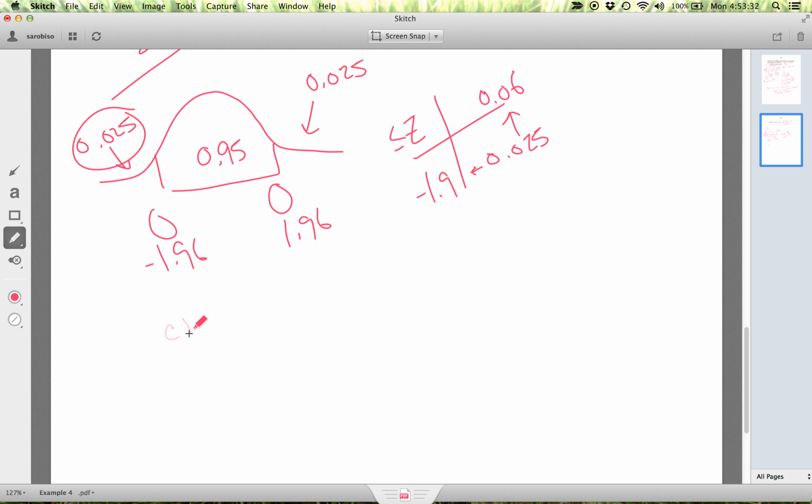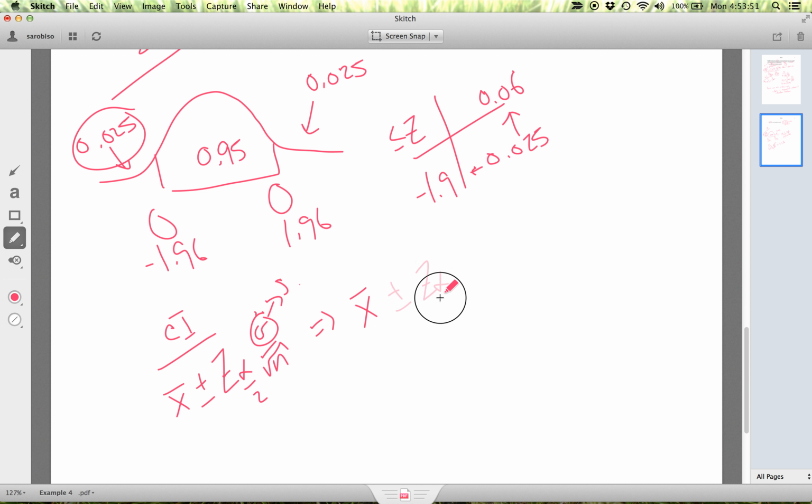All that's left for me to do is use the formula for the confidence interval. This is x bar plus or minus z alpha over 2 sigma divided by root n. Of course, here I don't have sigma, so instead I will replace it with s. This will be x bar plus or minus z alpha over 2 s divided by root n.